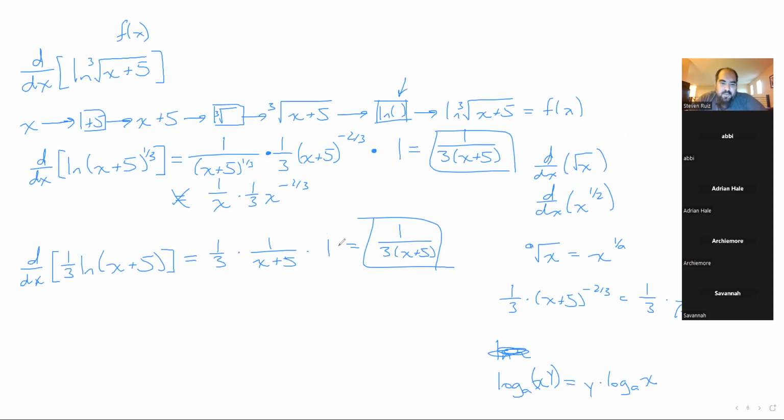I still use the chain rule, but it was much simpler if we start with that rewrite. So it's not like avoiding the application. It's more like minimizing the amount of times we have to use it. Yeah, right. So basically, I did a little bit of algebra before I started the derivative to make the derivative a little simpler to do, or in this case, probably more than a little simpler.